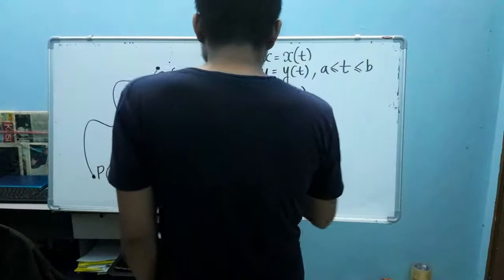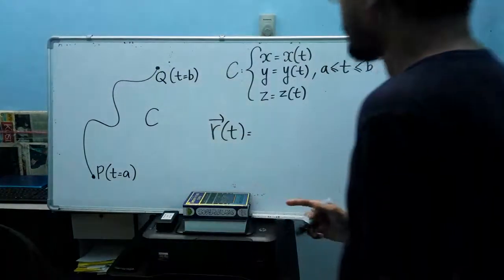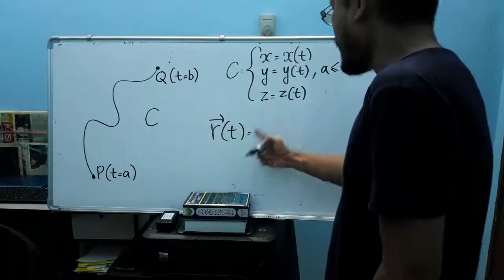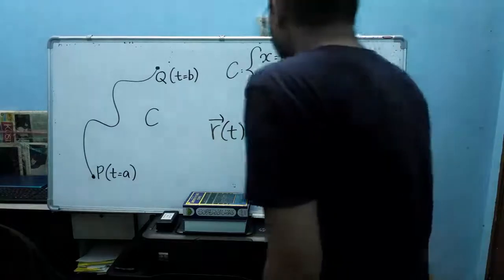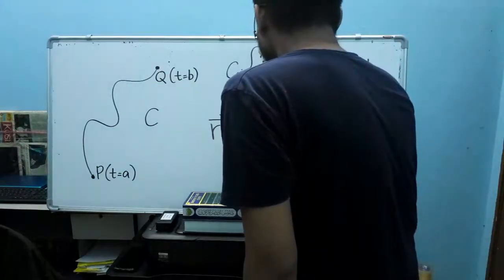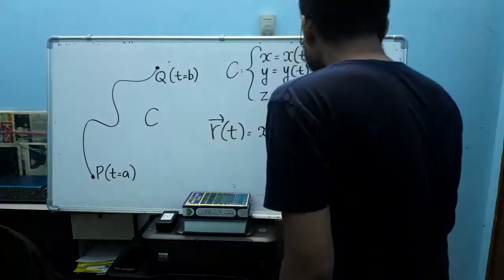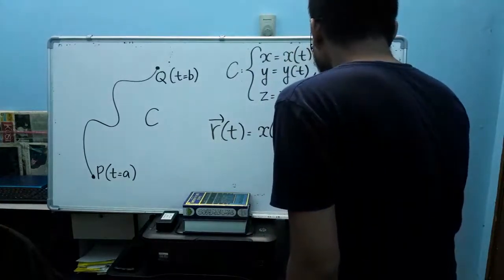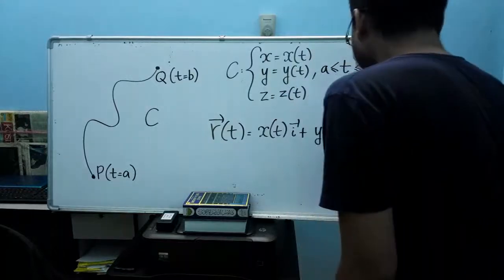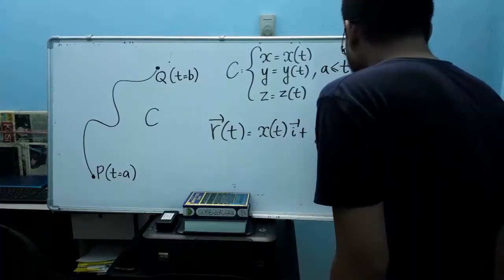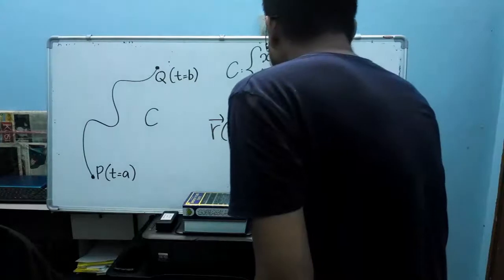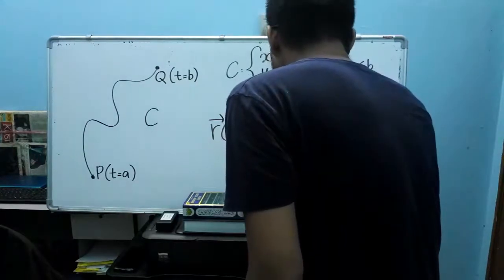At the i component we take x(t), at the j component we have y(t), and at the k component we have z(t).